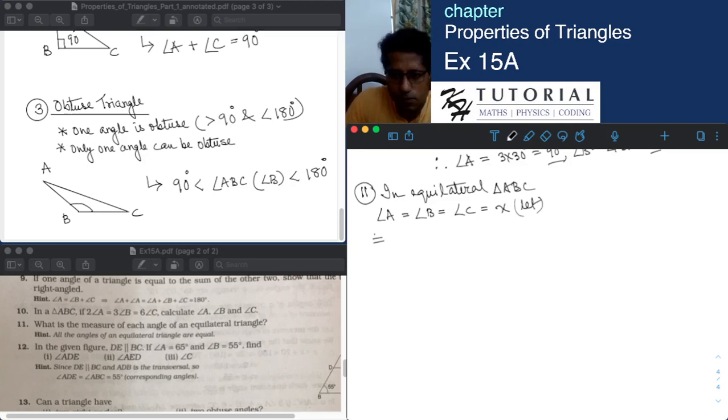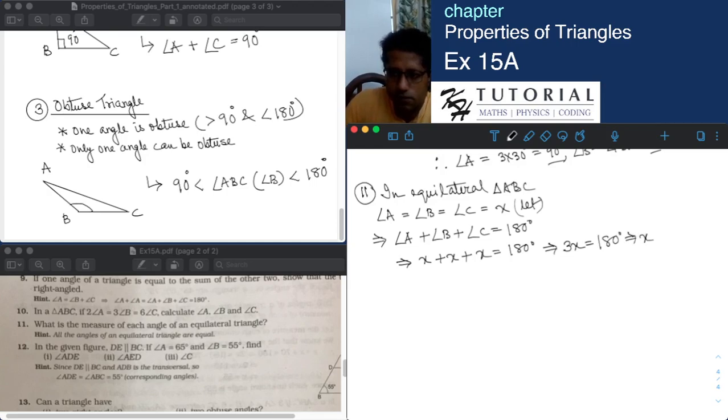So this implies that angle A plus angle B plus angle C equals 180 degrees. This implies that x plus x plus x equals 180 degrees. This implies 3x equals 180 degrees.